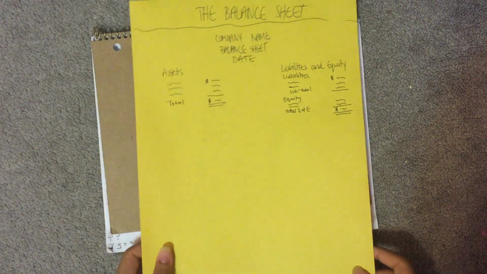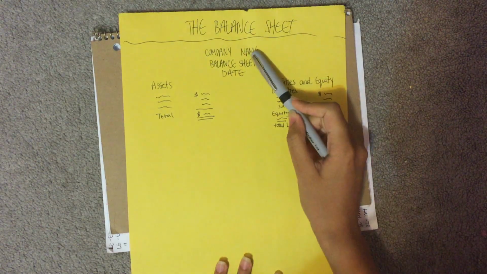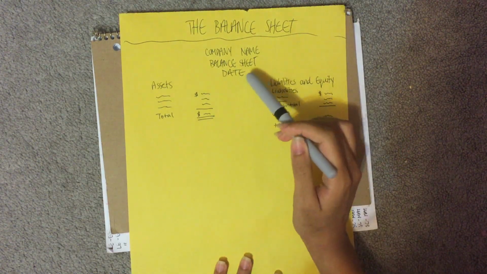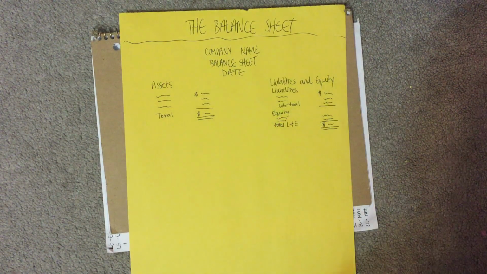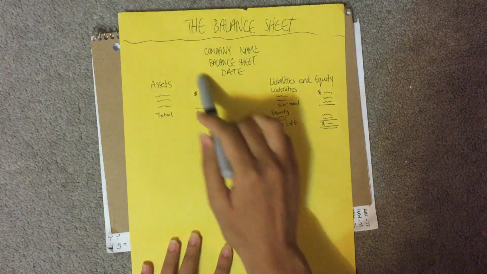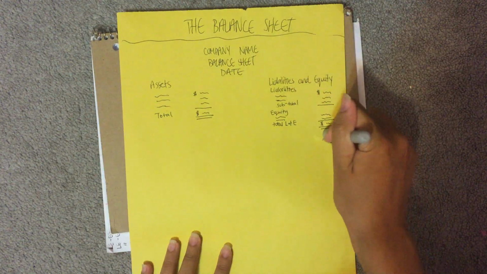Okay, let's move on to our actual balance sheet now. This is the formal document, the balance sheet. Here we start off with our company name, the words balance sheet, and the date, because remember, a balance sheet is just capturing the company's financial position at a certain time. We have our assets on the left, and we have our liabilities and equity on the right.